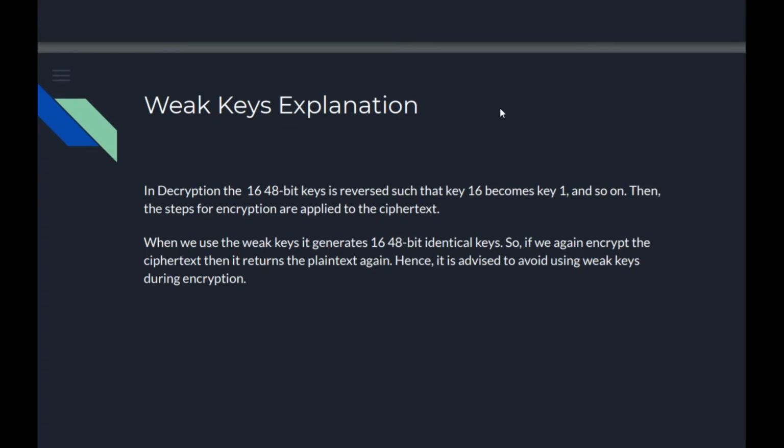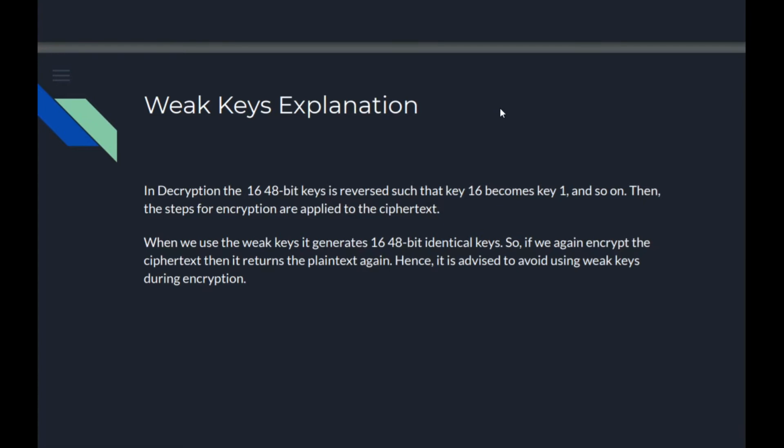So let's see the weak key explanation. As I said before, in decryption, the 16 48-bit keys are just reversed. The 16th key becomes the first key, the 15th key becomes the second key, and so on. When all the keys are the same, there is no meaning in reversing them.